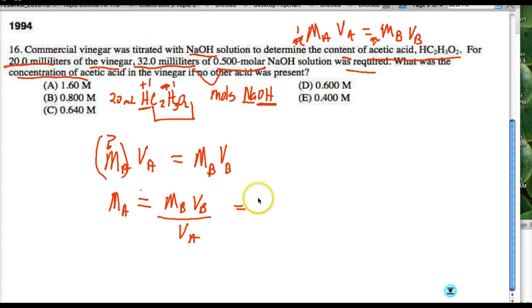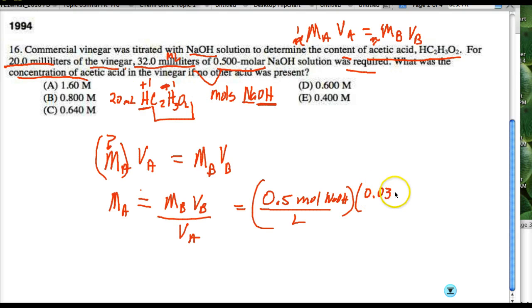And that's going to be, what do we have? 0.5 moles per liter of the NaOH. And we have how many? 32 milliliters changed to liters is 0.032 liters.